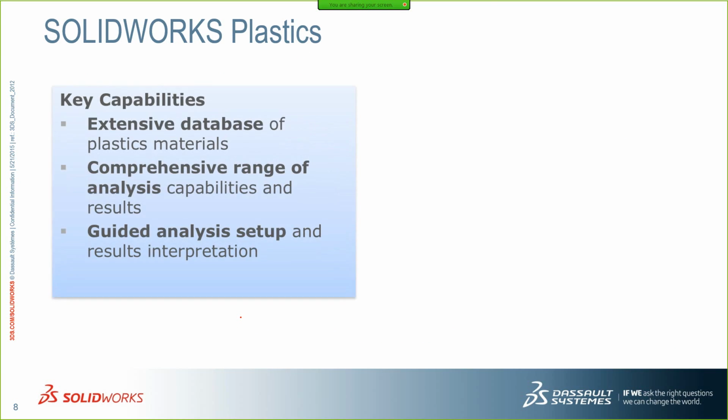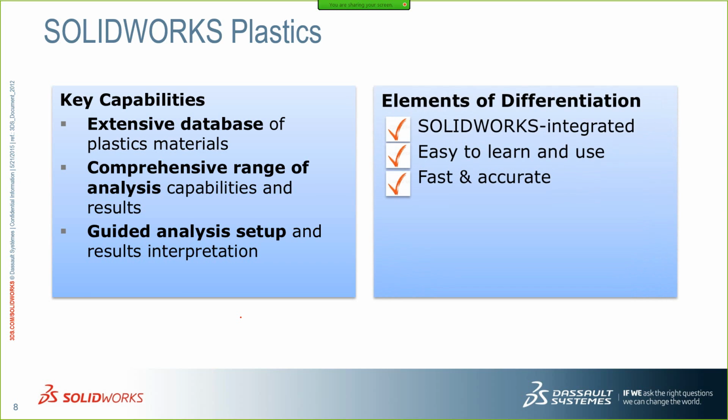SolidWorks Plastics, a few more important capabilities from a software perspective. It has an extensive database of plastic materials. Typically most of them are commercially available plastics, so you need not search for them. They are all available in the software. Comprehensive range of analysis capabilities, that's what we'll have a look at today. Guided analysis setup, again when I show you in the software, you'll understand how easy it is to use, and you can do it.